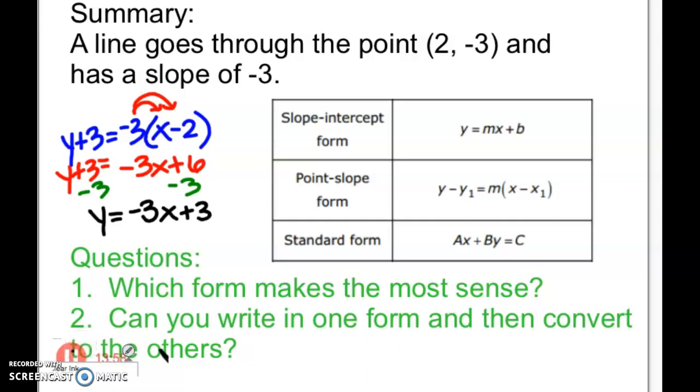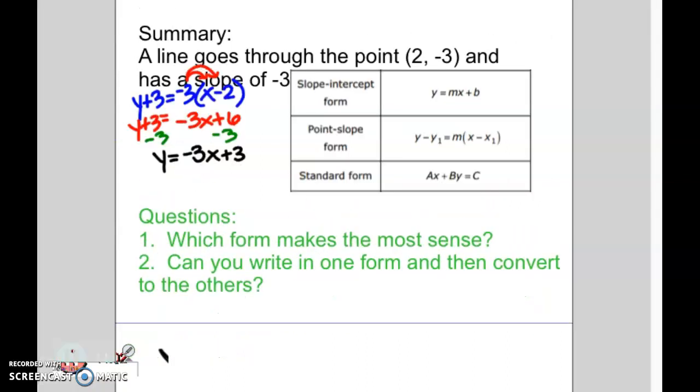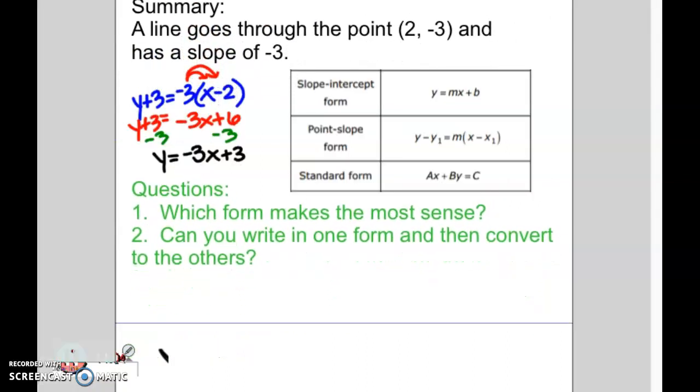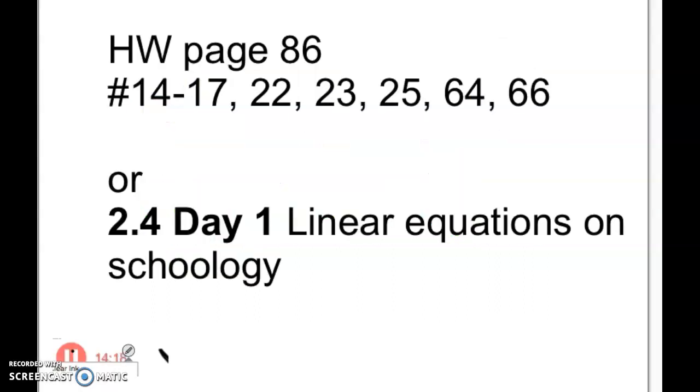Can you go into the next form, the standard form? Do you know how to do all 3 of those? So if we just add that 3x over, right, and you get 3x plus y equals 3. And so now we have all 3 forms in there. Kind of cool. Happy solving!